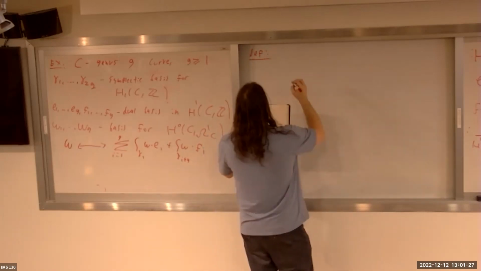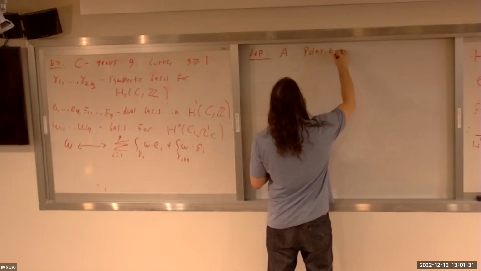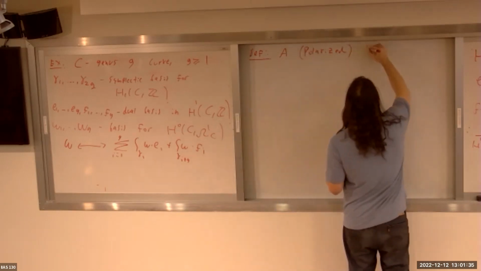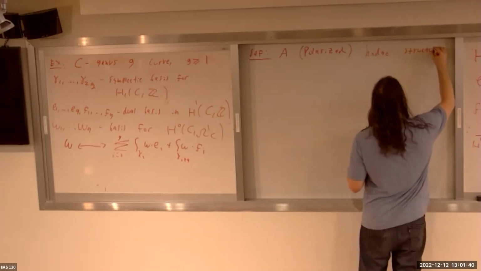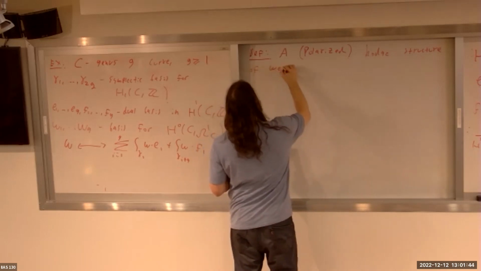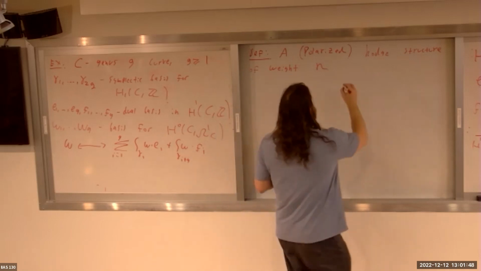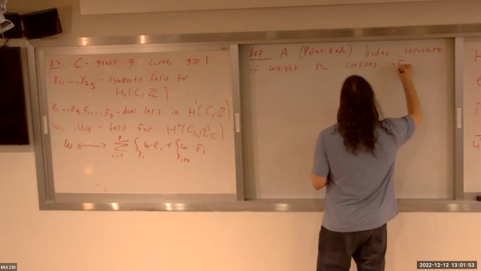So a polarized, and we're only going to think about polarized Hodge structure of weight n consists of the following data.